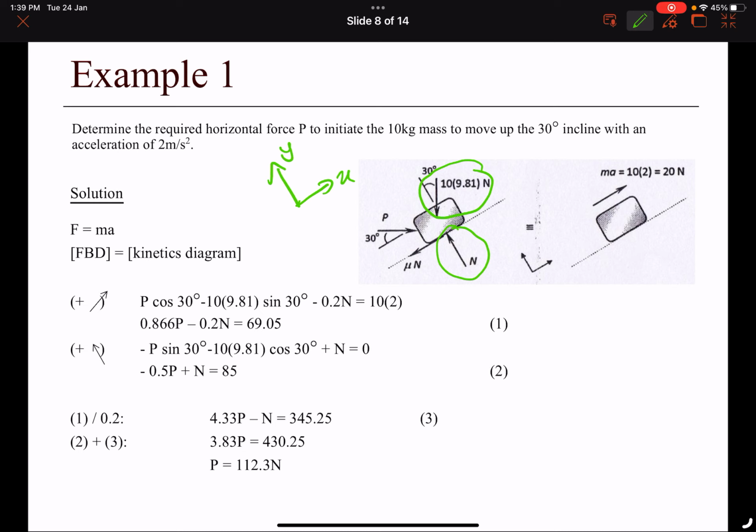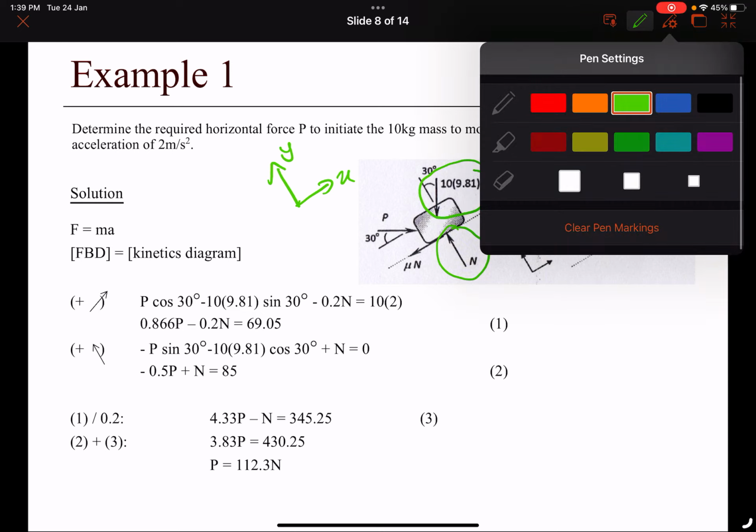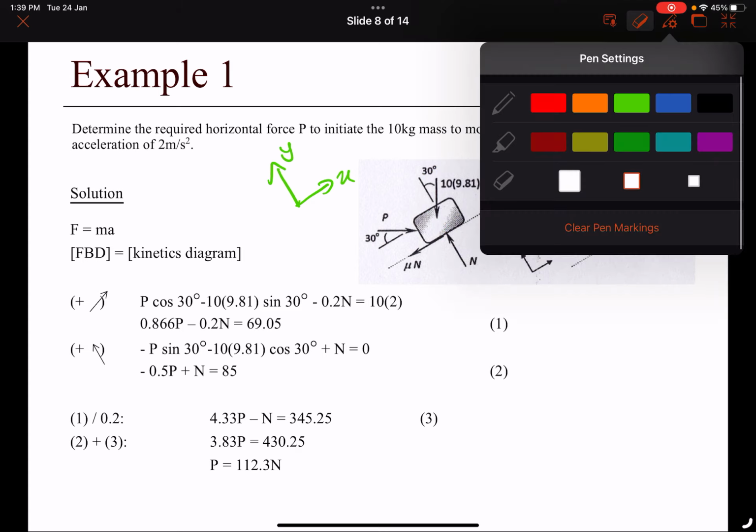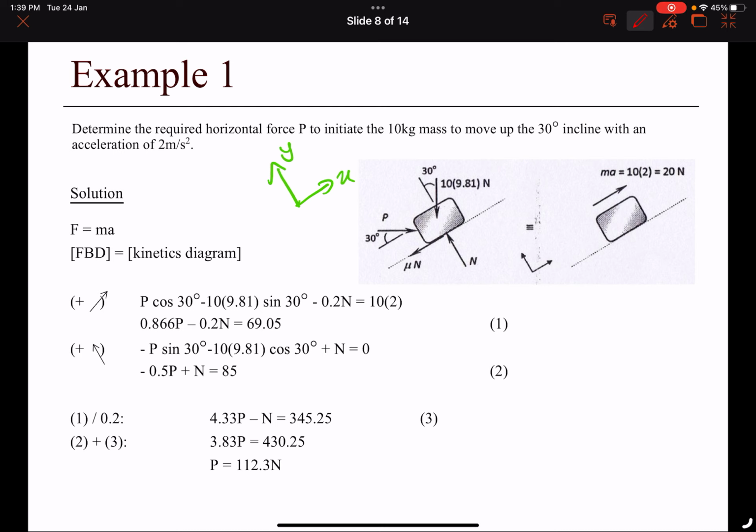Okay, so let's say you are choosing this way. Let me erase the one. If you follow this direction, you have to resolve some forces as well, like this one.